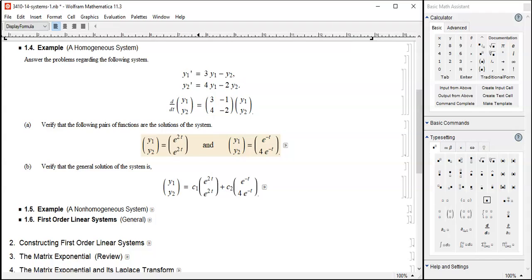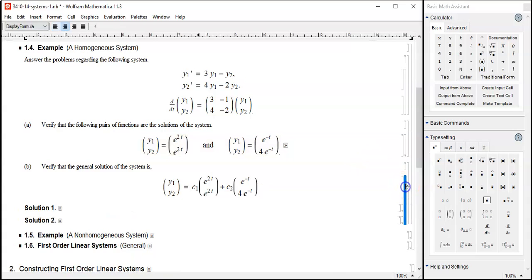Now here we go. Verify that the general solution of the system is like this. How do we do that?